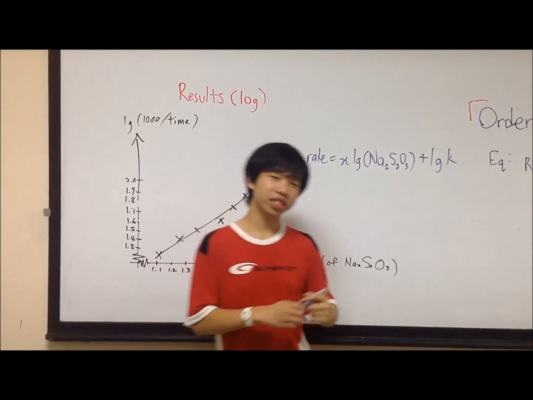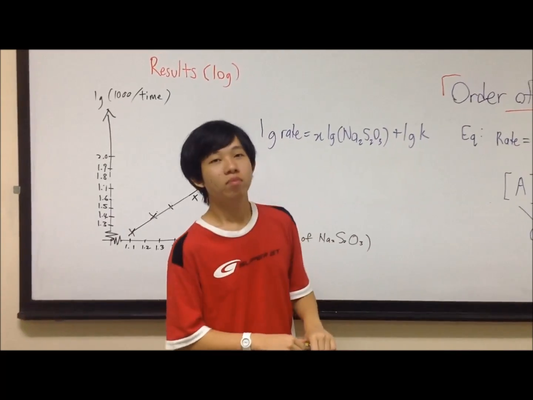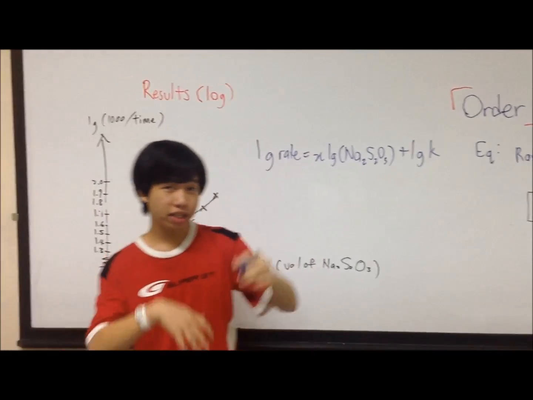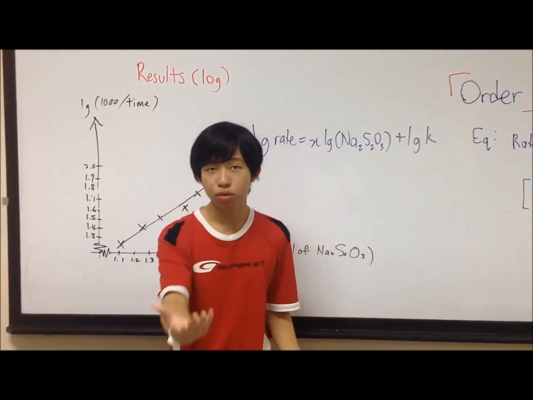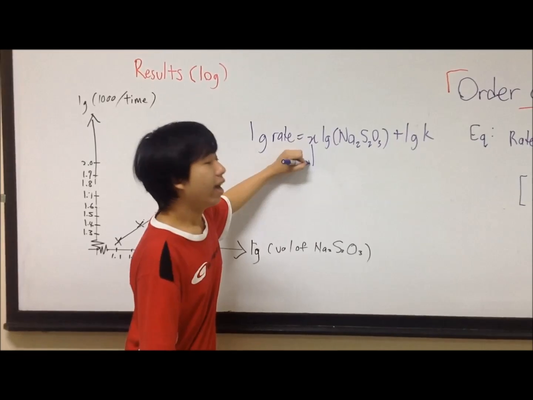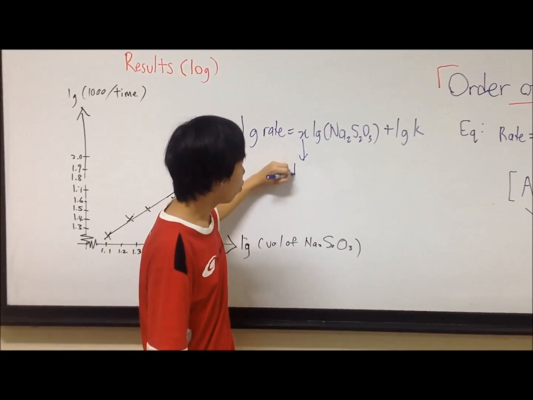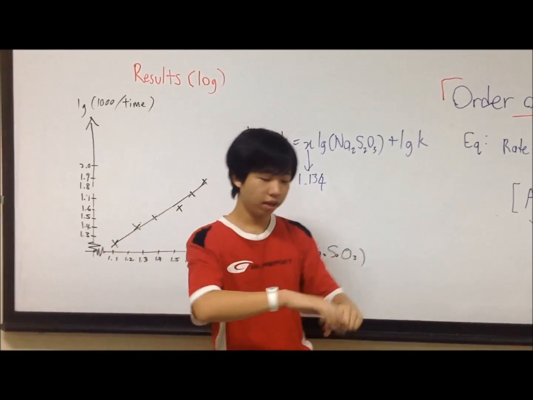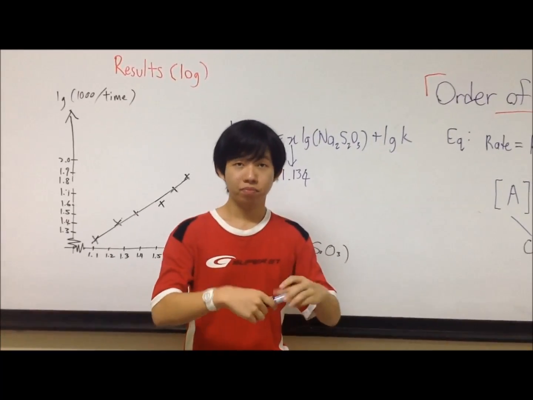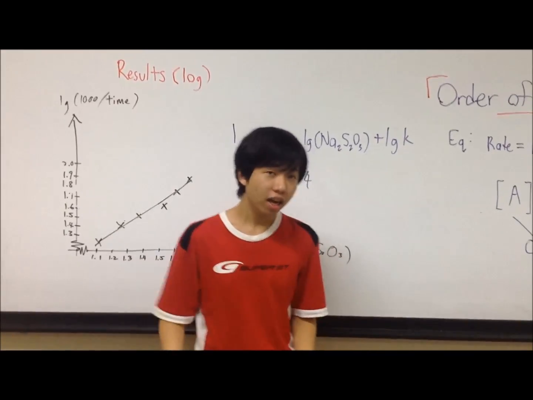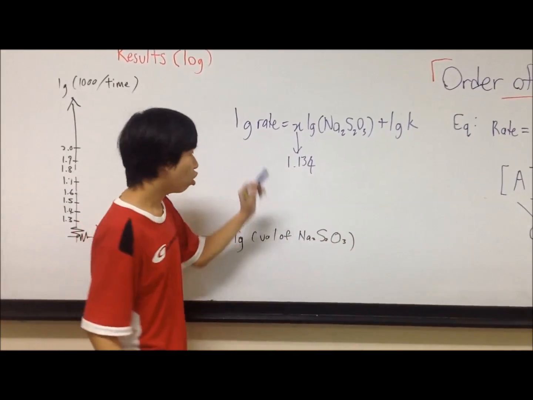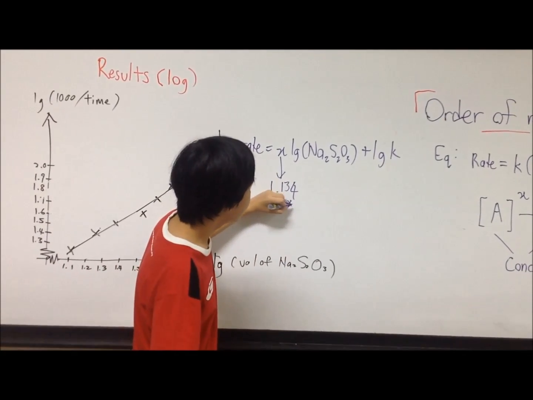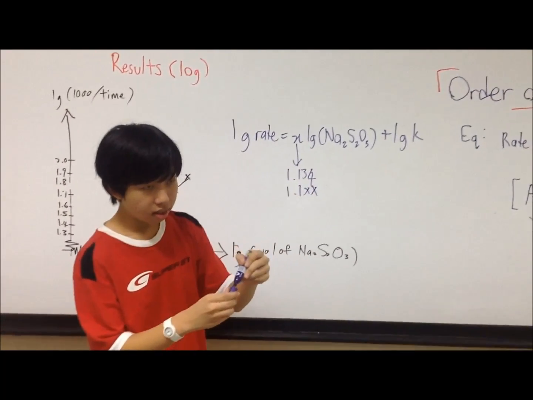So, in conclusion, from this equation and from our previous calculations that I have just shown you, x is 1.134. This is for just now's value. If we take the different values that we have obtained, we will get an answer which is almost like this, let's say maybe 1.1 something.